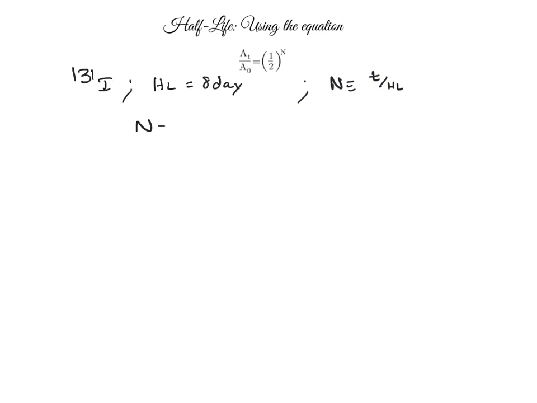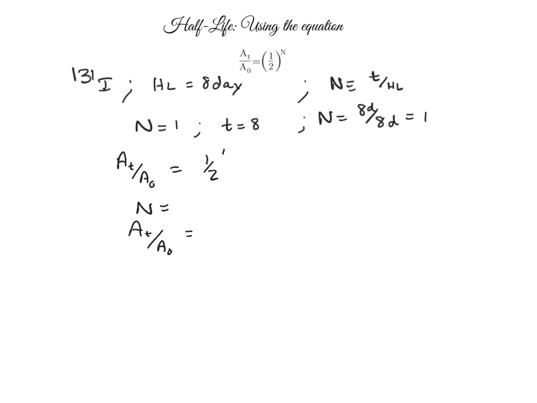So n equals 1, when t is equal to 8, that is n equals 8 divided by 8 days. That's 1. So that'll give me a percent remaining, which is what that term is, of 1/2 to the 1 power.